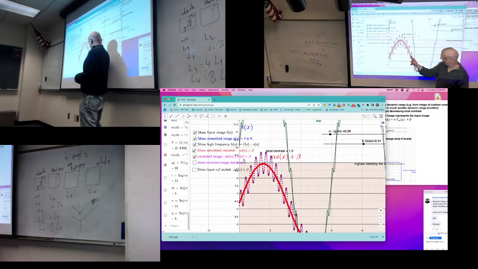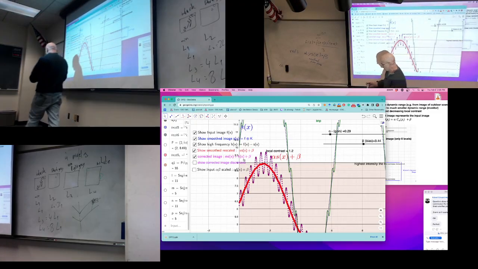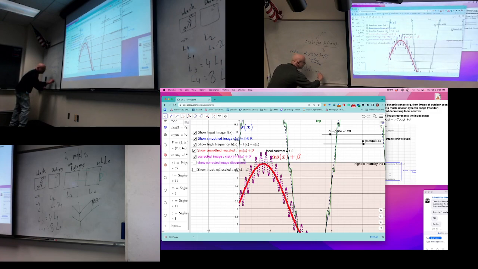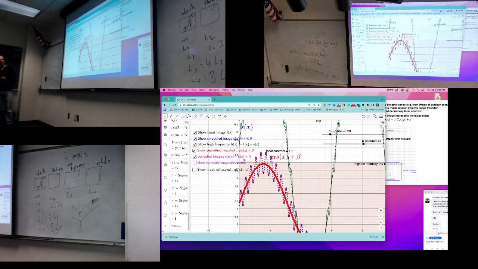And here is the signal of what you got. The dotted signal over here, and you have it also in the slides, would be alpha times smoothed of x plus beta plus h of x, the high frequencies that I generated two lines above.